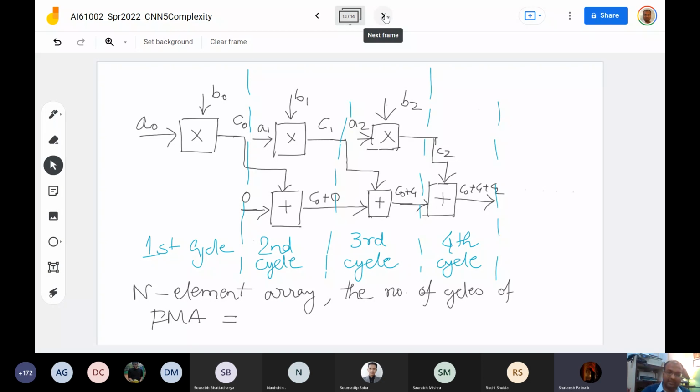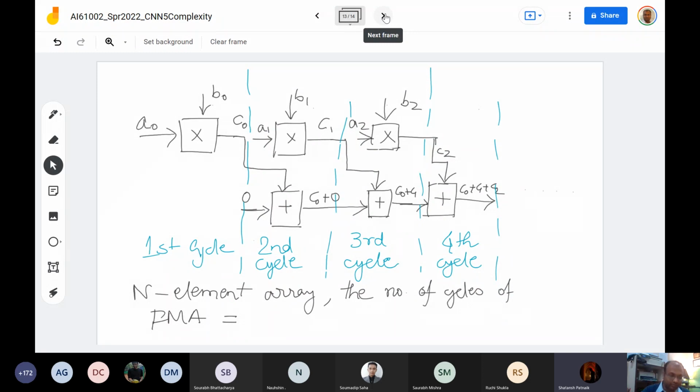Look over here. In this case, I have three elements. So B0, B1, B2. So how many? I did my multiplication of A0, B0 in the first cycle, A1, B1 in the second cycle, A2, B2 in my third cycle. Now I am able to add the output. So the output of A0, B0 is available only at the end of my first cycle.